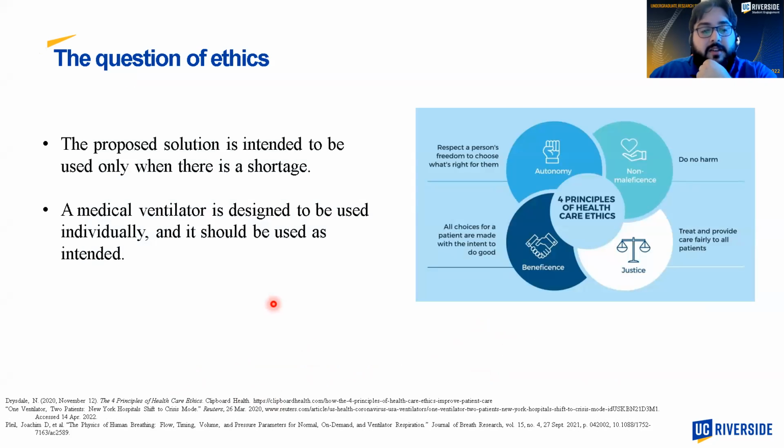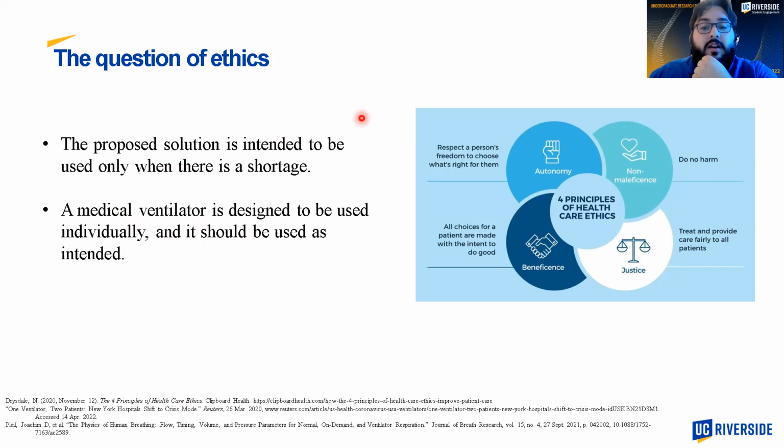There's a question of ethics in terms of this solution can only be effective if used properly. So it's only effective if there is a shortage. The medical ventilator is designed to be used individually, and it's preferred to be used that way. But if we need a solution to face the shortage of medical ventilators, that's where my solution comes in.